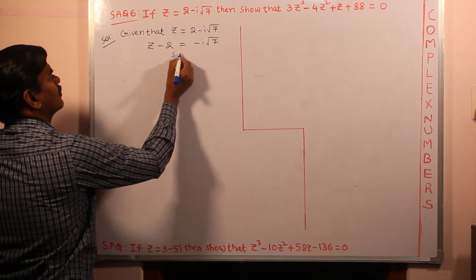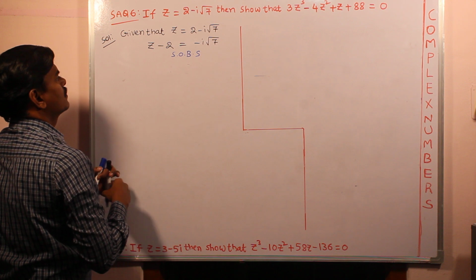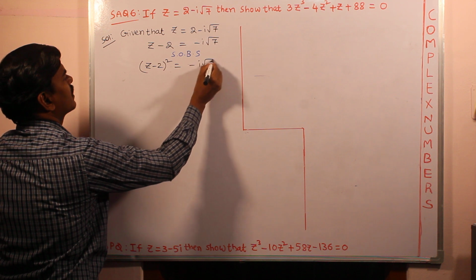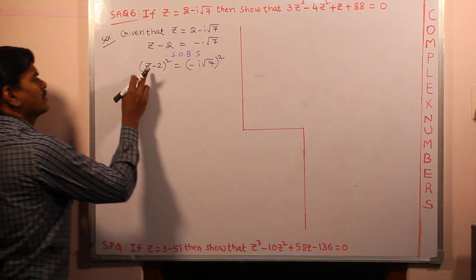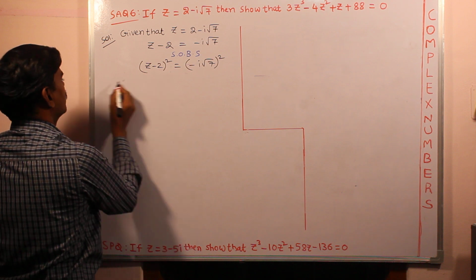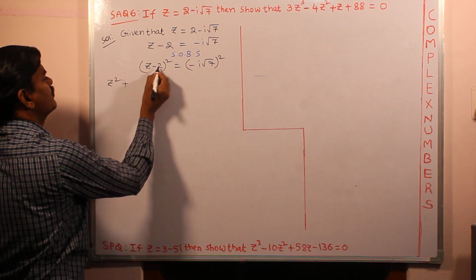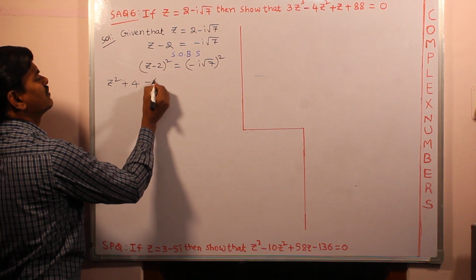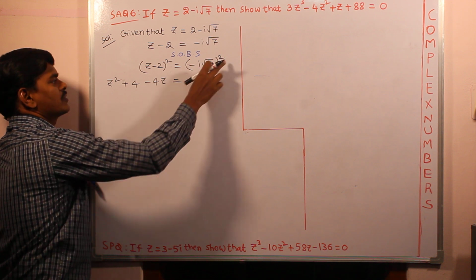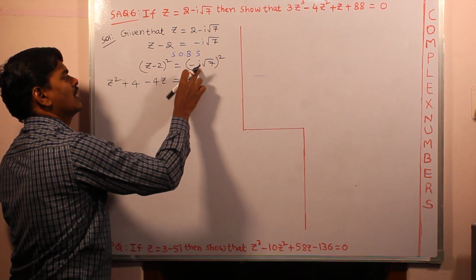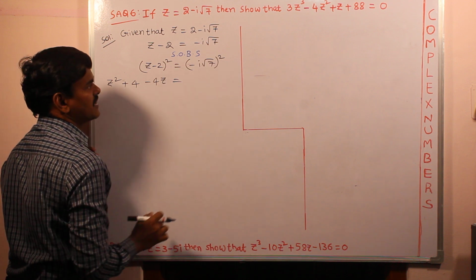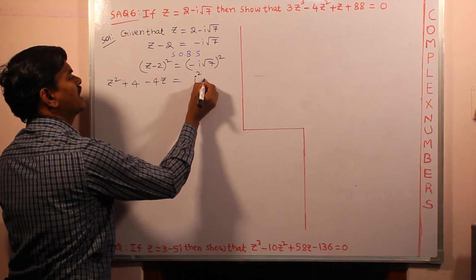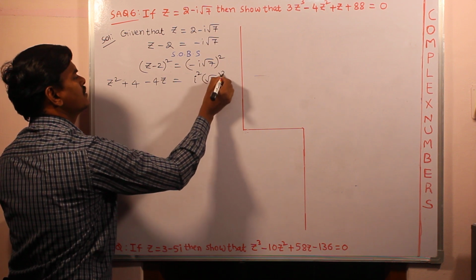Now go for squaring on both sides. So what do you get? (z minus 2) whole square equals (minus iota root 7) whole square. This is in the form of (a minus b) whole square, with the formula a square plus b square minus 2ab, so z square plus 4 minus 4z. On the right side, the square is applicable for minus iota as well as root 7. Minus whole square is plus, so we get iota square into root 7 whole square.